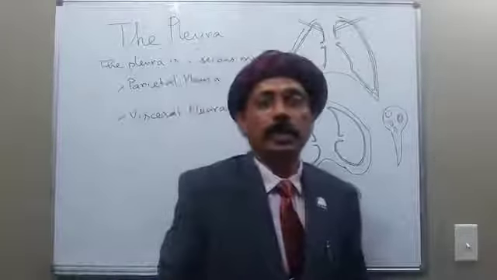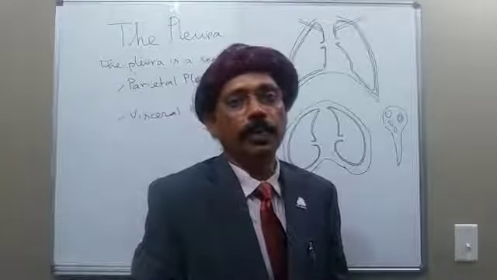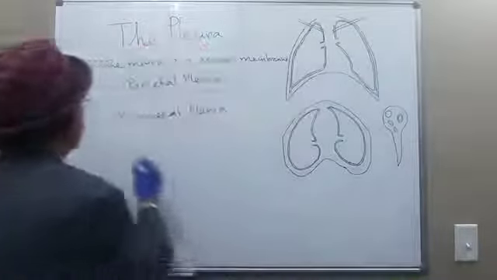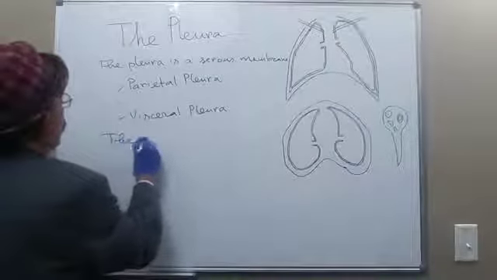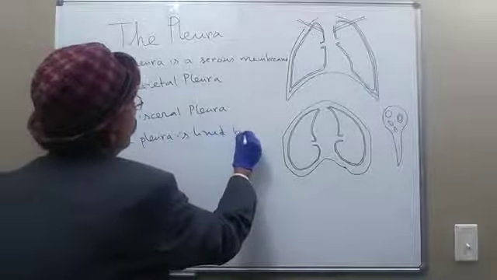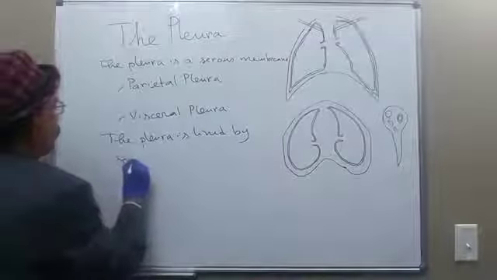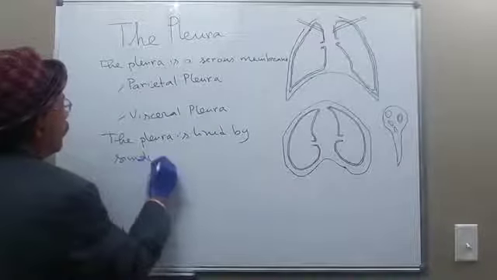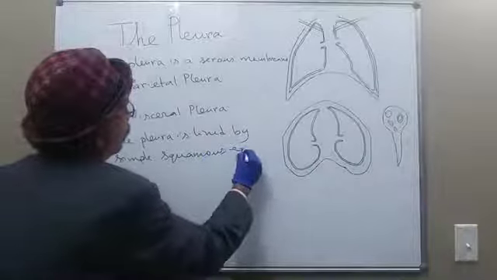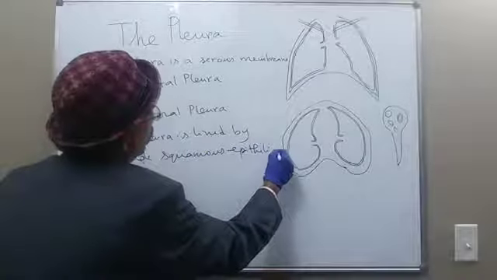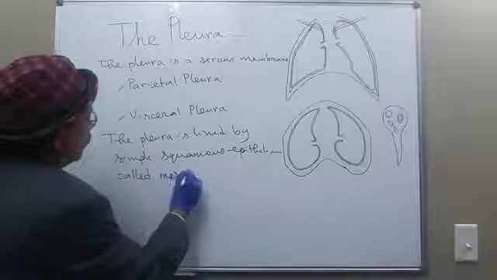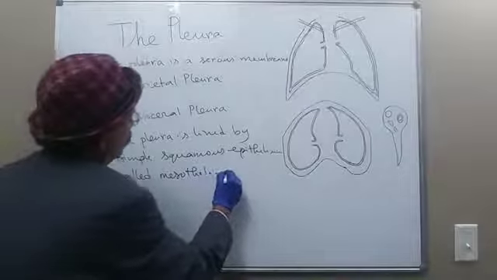The pleura is lined by simple squamous epithelium. We call it mesothelium. Okay, we got the mesothelium.